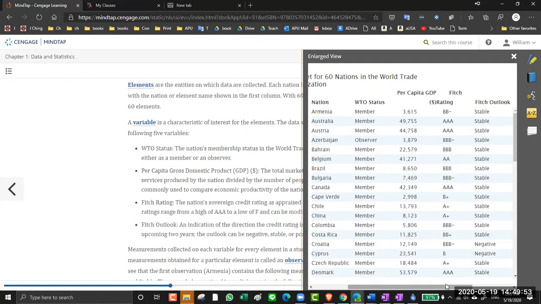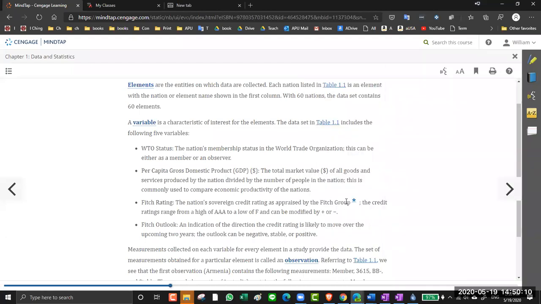What is the observation for Austria? Member, 49,755, AAA and stable. Right. Okay, that was for Australia. So what does observation mean?